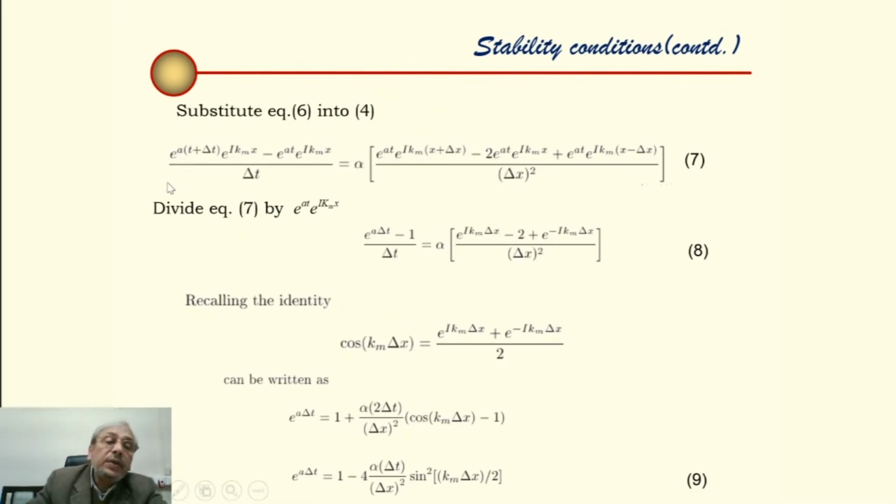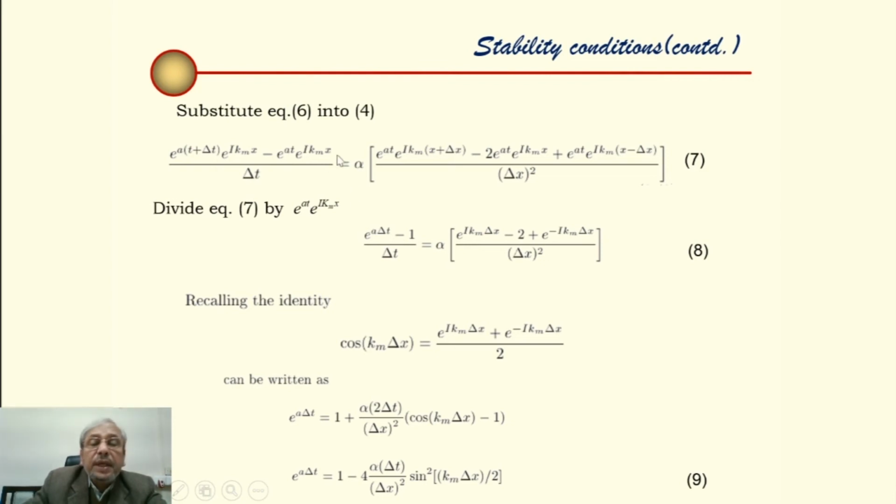And if we do that, we can write e to the power a, this is n plus 1, so t plus delta t, into e to the power I km x, where I is uppercase, root over -1, minus e to the power at into e to the power I km x, by delta t, equal to alpha times e to the power at e to the power I km (x plus delta x), this is for i plus 1, minus twice e to the power at e to the power I km x, this is at the point i, plus e to the power at e to the power I km (x minus delta x), this is at the point i minus 1, divided by delta x square.